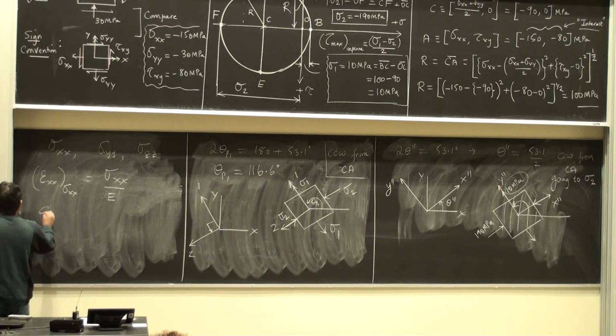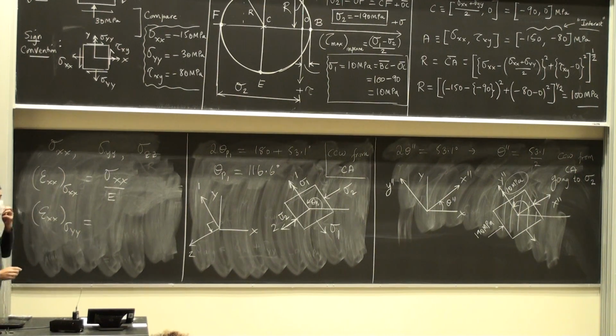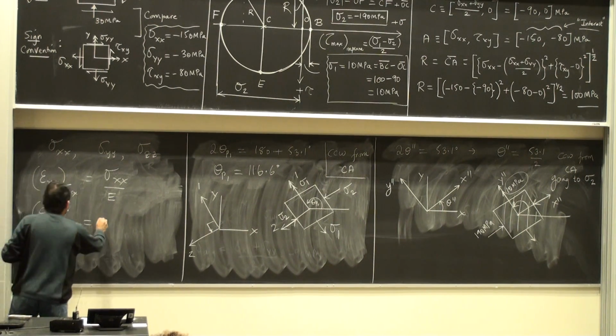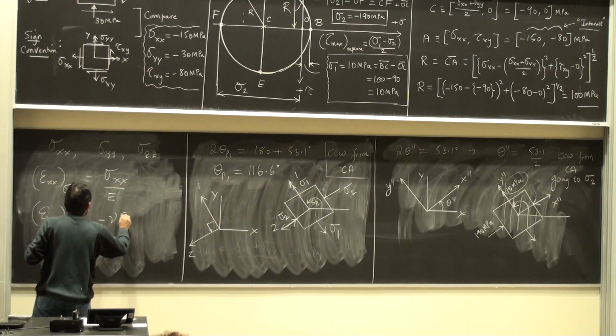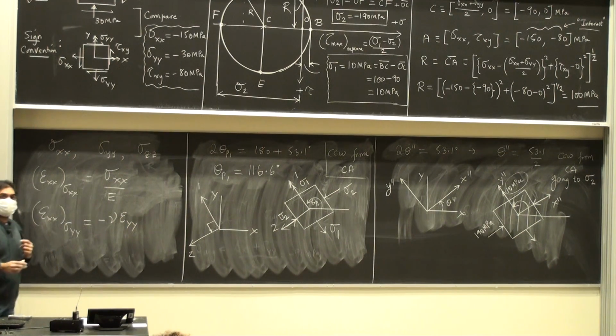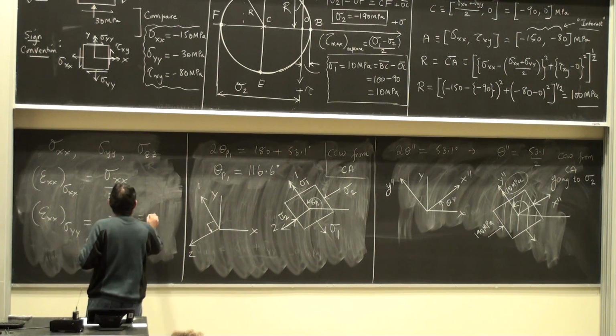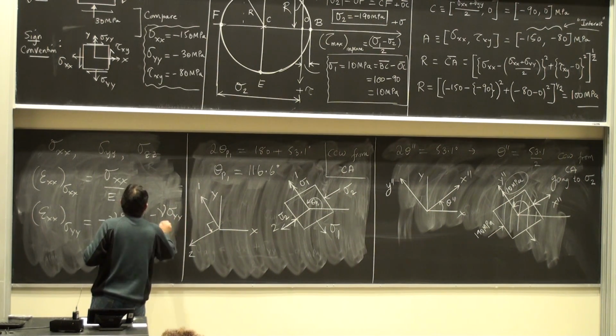So epsilon xx due to sigma yy is going to be minus nu times epsilon yy, based upon the Poisson ratio and experimentally determined as well for linear elastic materials. Epsilon yy is sigma yy by E, so this is nothing but minus nu sigma yy by E.